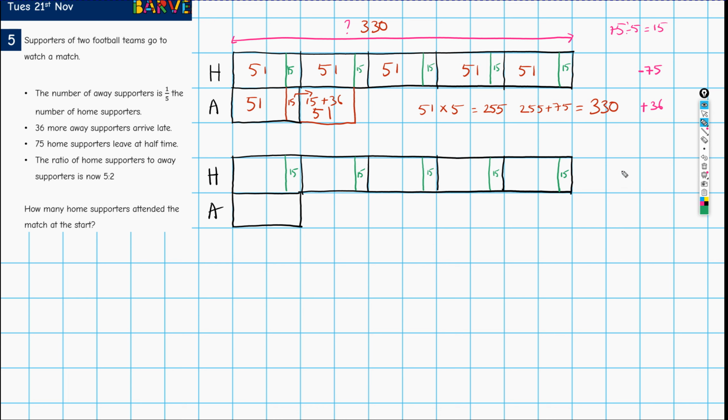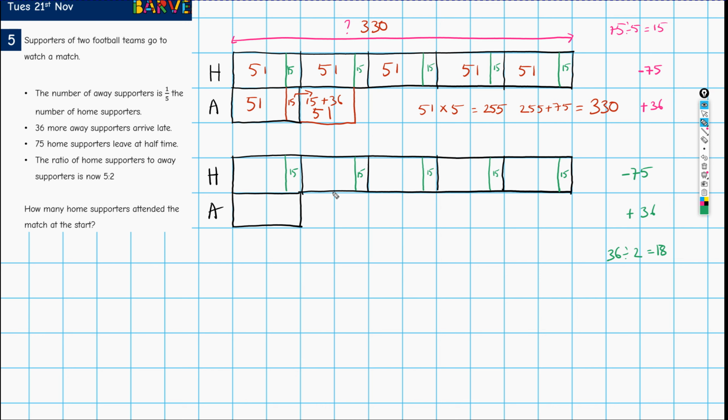We had to take 75 from here, and we've got to add 36 here. And in the end, the away supporters, there are 2 parts. So what we're going to do is divide 36 by 2, and that gives us 18.